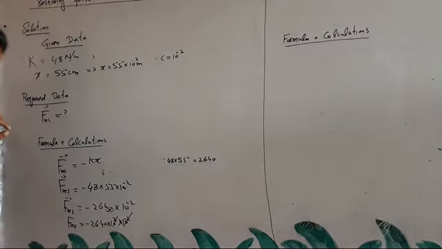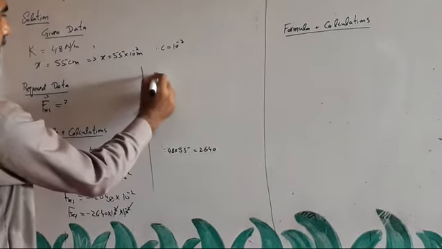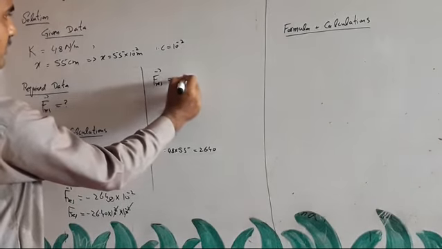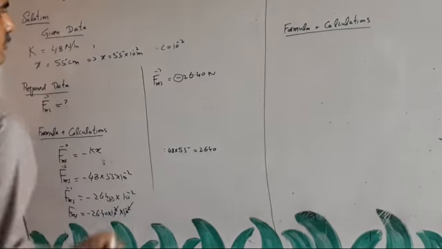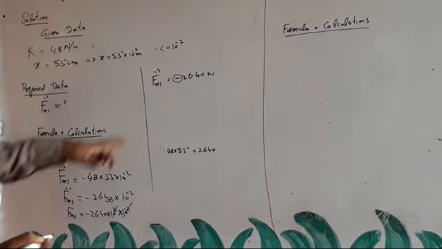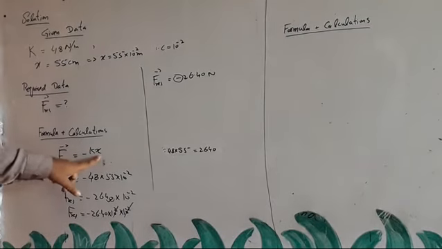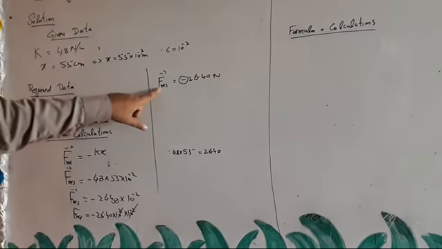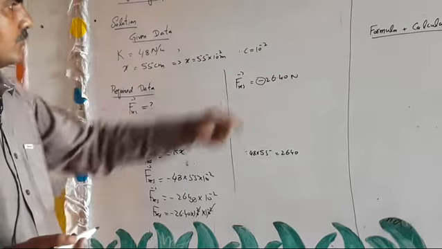These two values will cancel with each other, while the answer to this example will be a restoring force equal to minus 26.40 Newton. This minus sign shows that the restoring force is directed exactly opposite to the displacement. If the displacement is given in the right direction, then this much force, 26.4 Newton, is acting on the mass at left side.